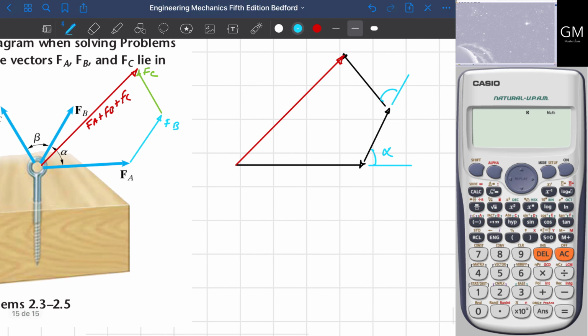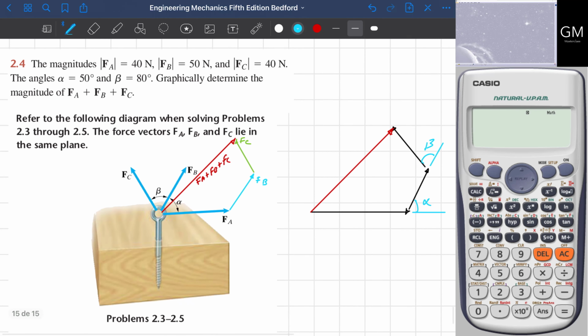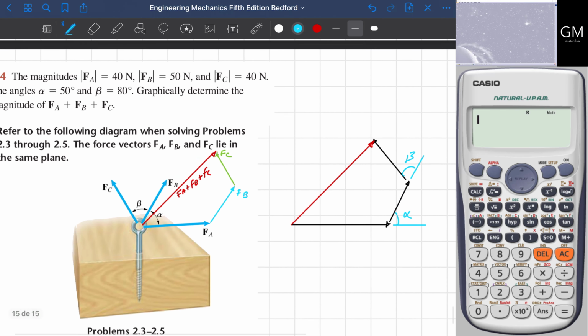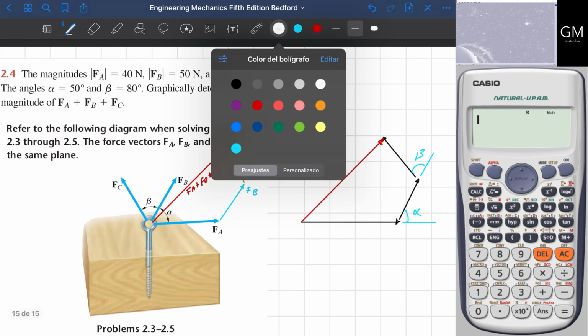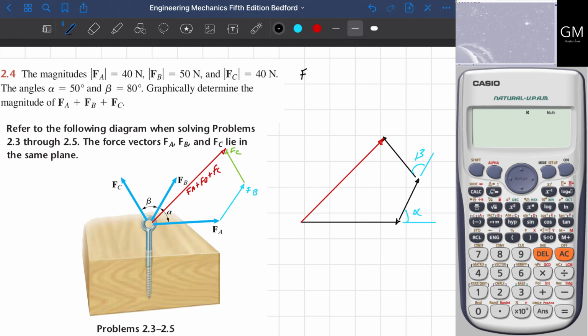So this is equal to beta. In this case, I'm going to write down the information that the problem is providing to me. So FA is equal to 40 newtons, FB is equal to 50, FC equals 40 as well, alpha equals 50, and beta equals 80.